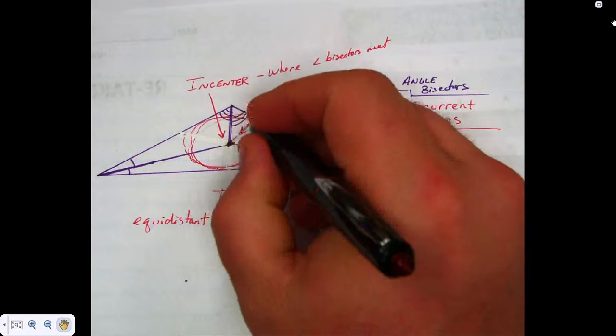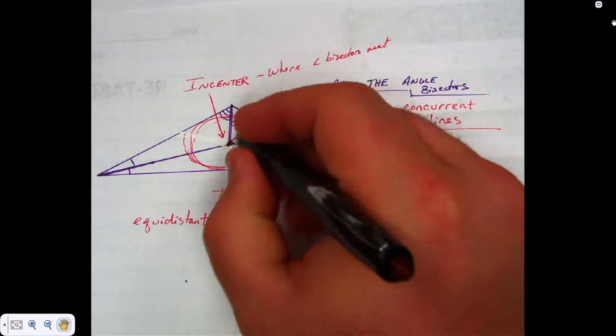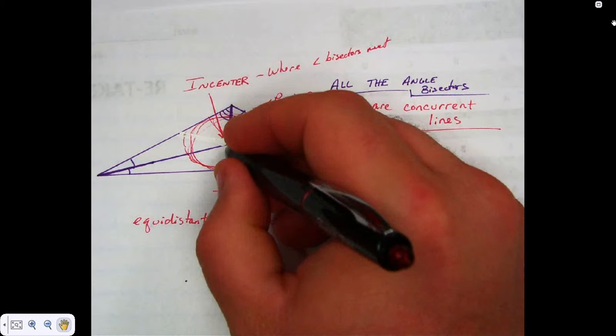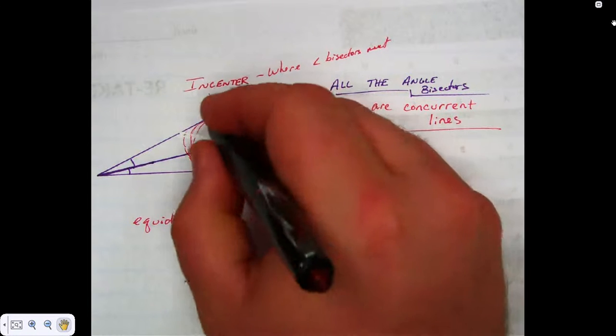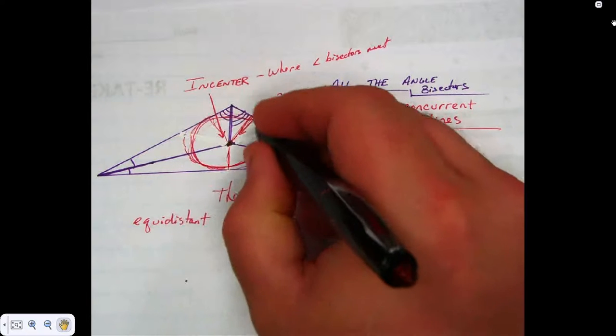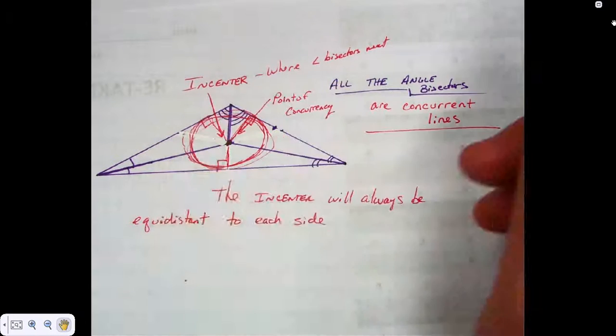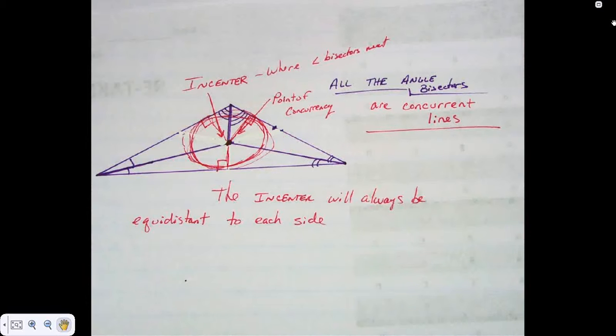And the radius of that circle is this perpendicular distance. It's that circle right there. Okay? That's the in-center.